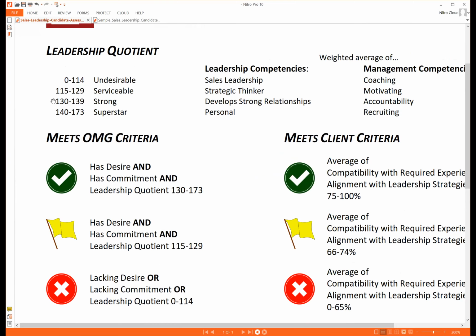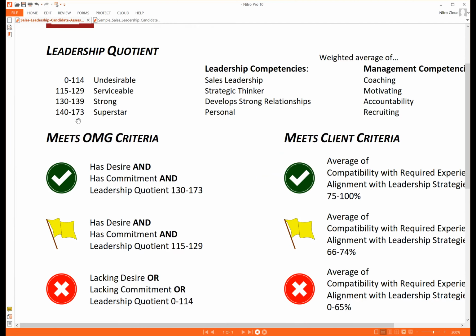Half of those are around sales leadership, and the other half are more around sales management. Of those 8 competencies, we combine them into a leadership quotient. To meet the OMG criteria, you have to have desire, commitment, and fall into the strong or superstar ranges for leadership quotient.